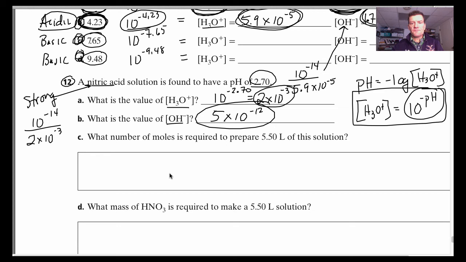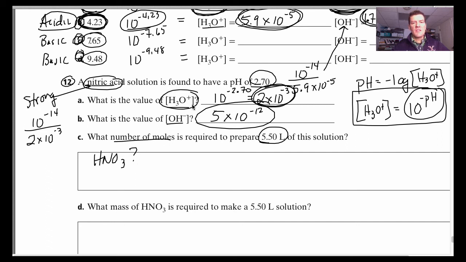Okay, so now what it's asking here is, what number of moles is required to prepare 5.5 liters of this solution? Well, if we want to prepare this solution, we have this concentration right here. Here's our concentration of hydronium ions. Nitric acid, how much nitric acid do we need to make this concentration of hydronium ions?